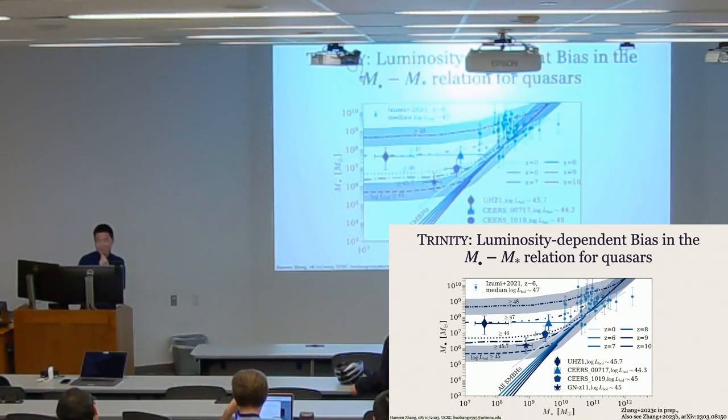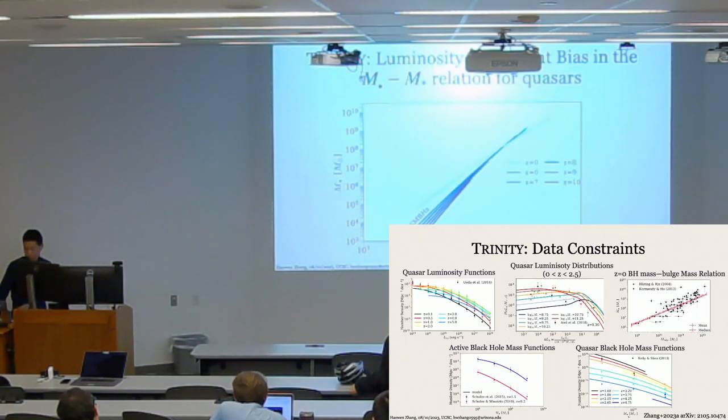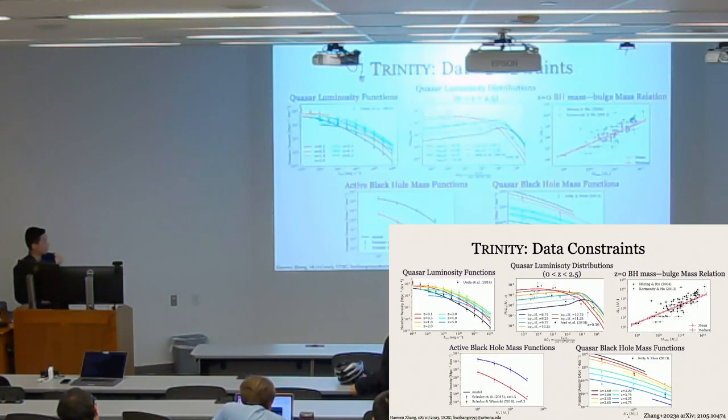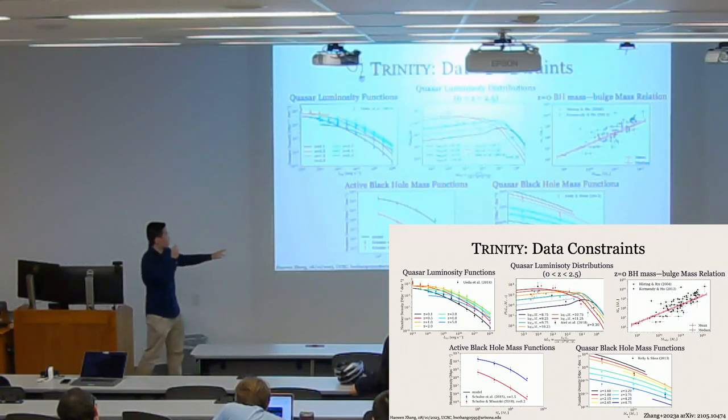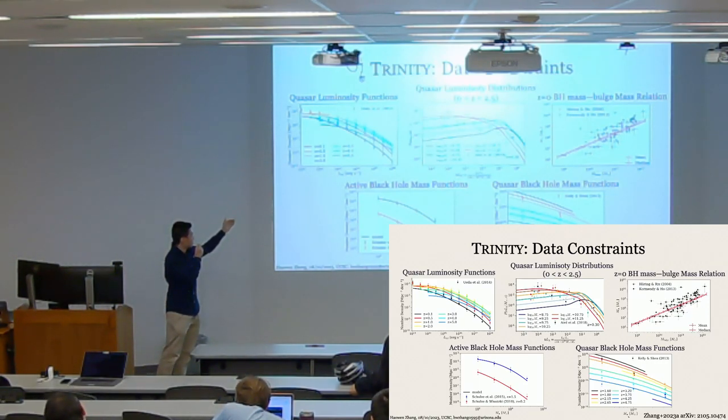Thanks. That's a great question. Two great questions. Firstly, the scatter. There is scatter in the scaling relation between black holes and galaxies, and how is it constrained? It basically comes from the shape of the active black hole mass functions.